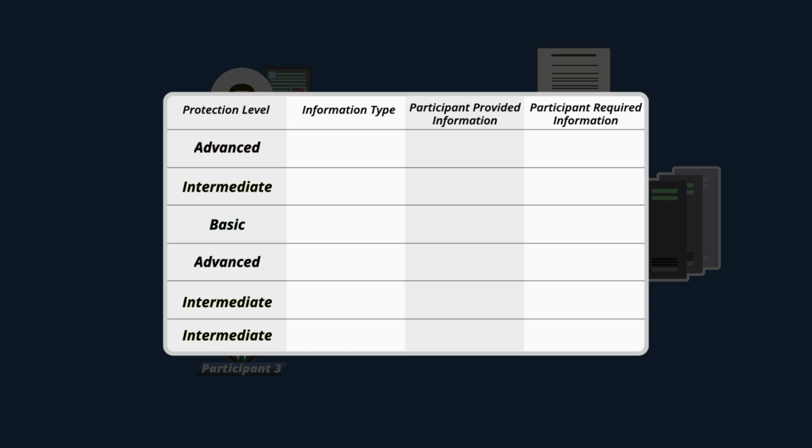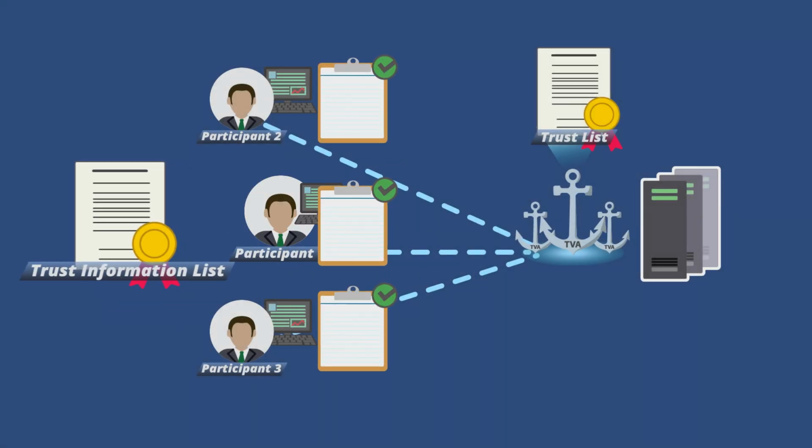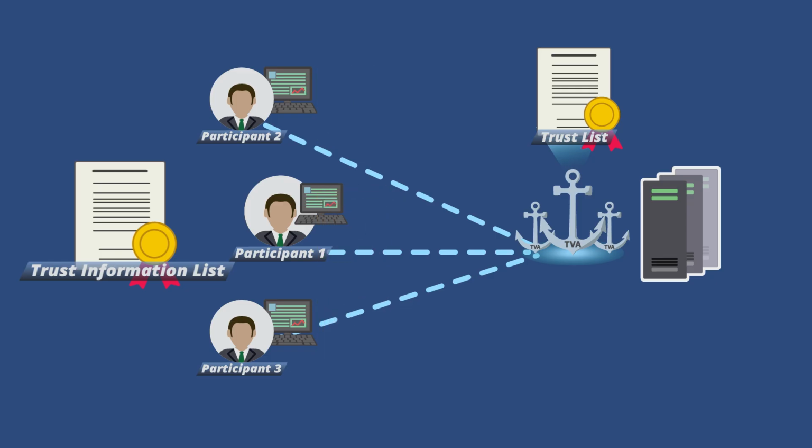The TIL contains the level of protection for each information type needed or provided for each participant. The level of protection is based on the risk assessment that each participant performs. The TIL allows participants to verify and determine that the information that they are receiving from a participant is interoperable from an operational risk perspective.